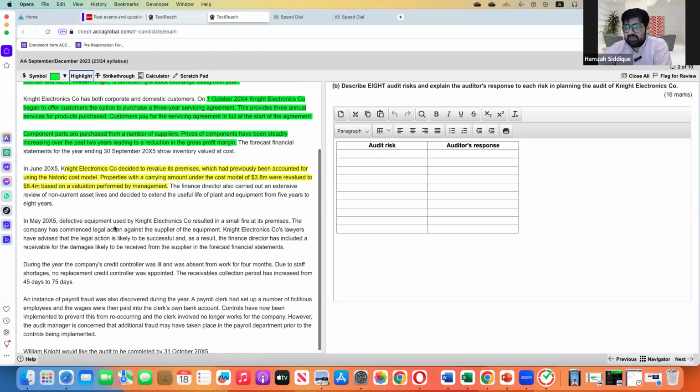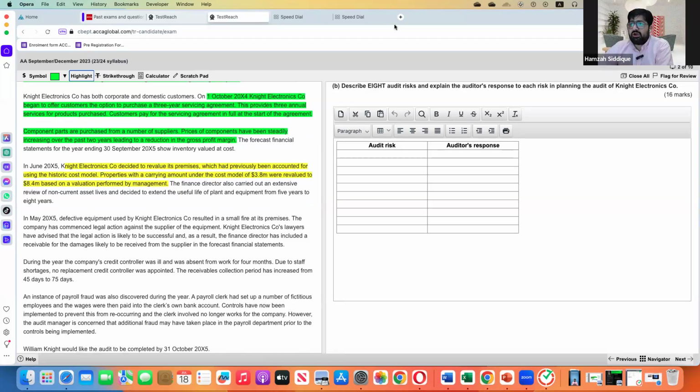Now, the next is in June 20x5. Night Electronics decided to revalue its premises, which had previously been accounted for using the historical cost model.